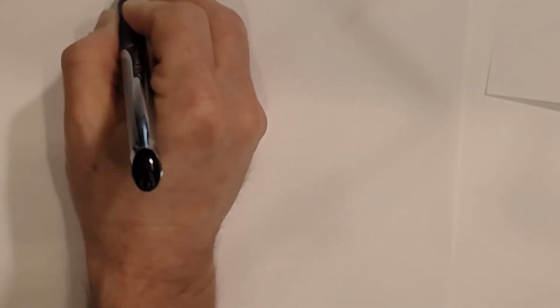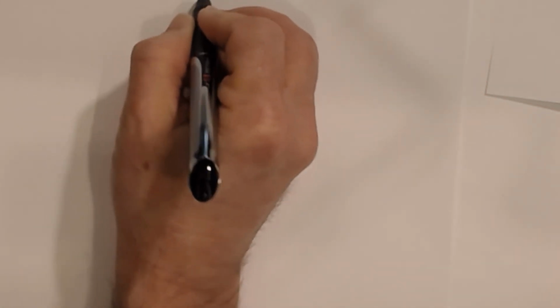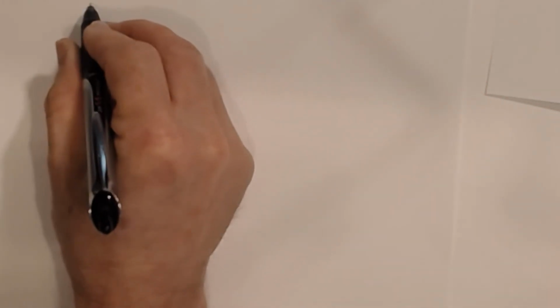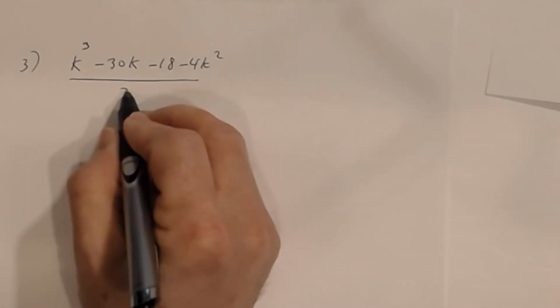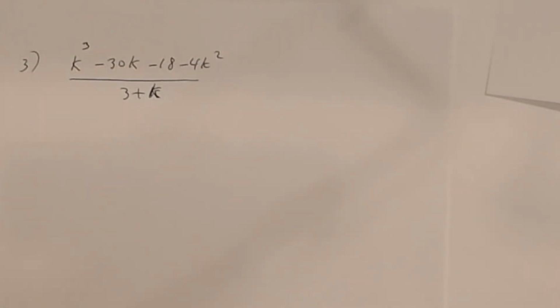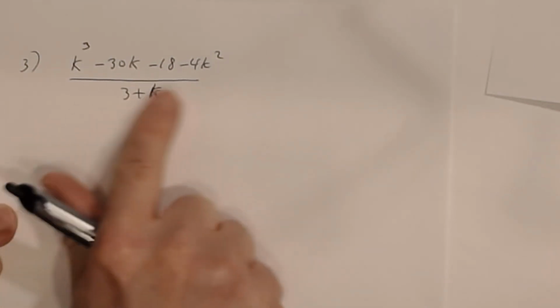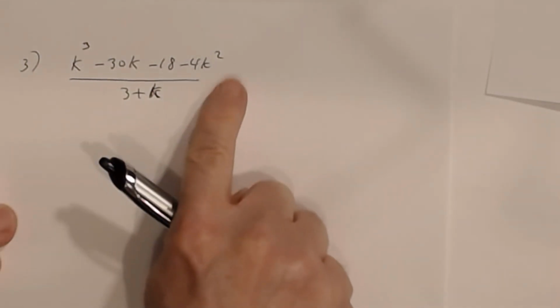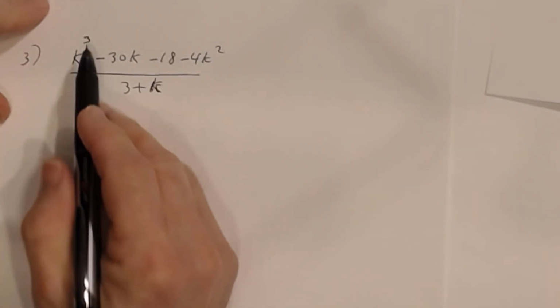We had k cubed minus 30k minus 18 minus 4k squared divided by 3 plus k. Okay, so remember, it's got to be in descending order, right? This is not in descending order because you see the k squared's over here. So let's put this in descending order, the largest exponent first.